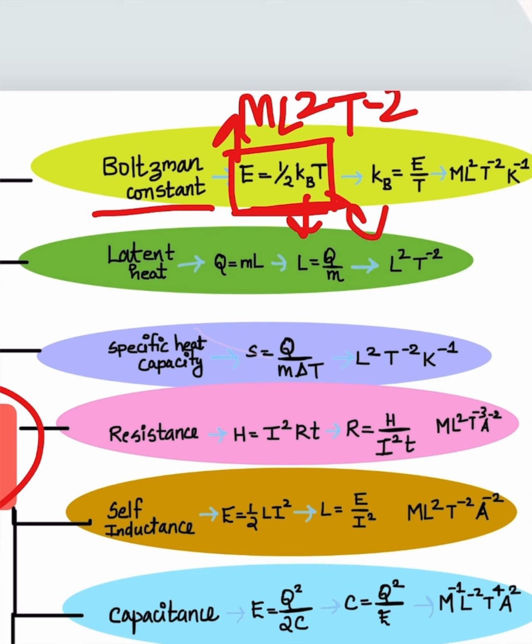That is kb is equal to energy divided by temperature, that is ml square T raised to minus 2 divided by Kelvin, that is ml square T raised to minus 2 Kelvin raised to minus 1, okay.